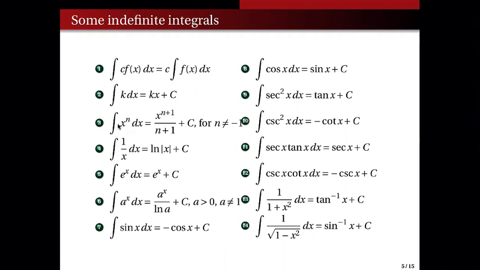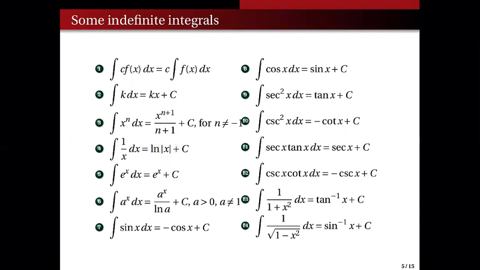In a more general scenario, if you have x to the n, where n is not equal to -1, and you integrate this, you will have x raised to n plus 1 over n plus 1 plus capital C. If you integrate 1 over x dx, this is ln of the absolute value of x.